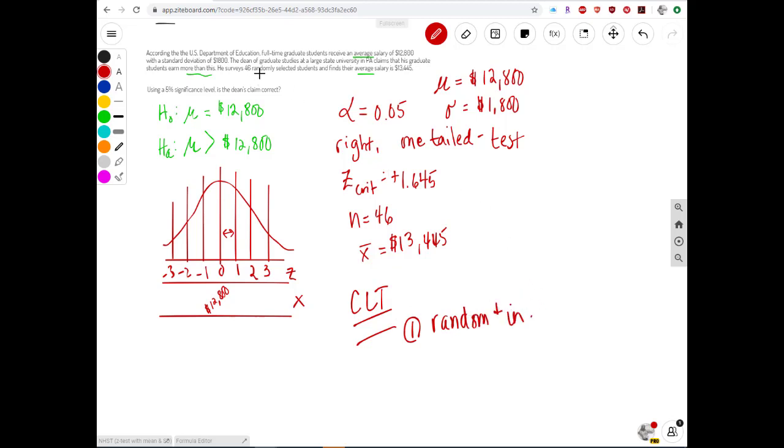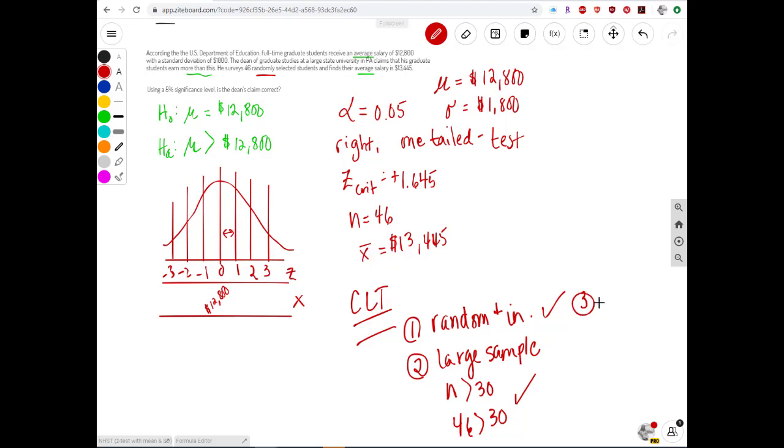It does talk about it being randomly selected here, so I'm going to go ahead and assume that this meets the criteria. Second, you have to have a large sample size. And for our work, we're going to say that anything larger than 30 meets the criteria. If the sample size n is larger than 30, it's going to meet the criteria, and we have our sample size as 46, so it meets the criteria.